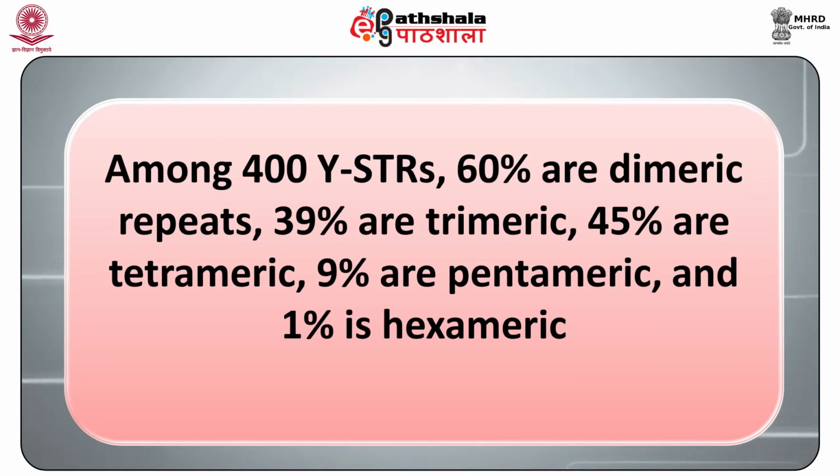Y-STRs have been analyzed. Among the 400 Y-STRs, 60% are dimeric repeats, 39% are trimeric, 45% are tetrameric, 9% are pentameric, and 1% are hexameric. Fewer than half the STRs have been characterized.